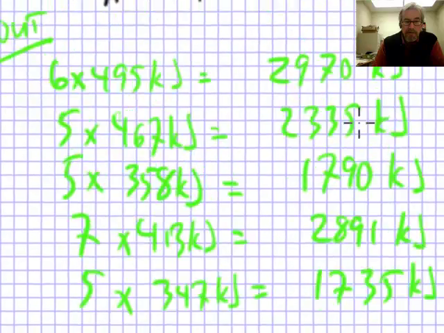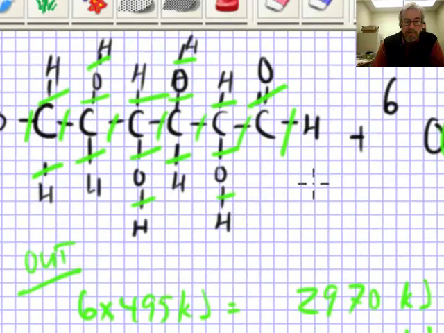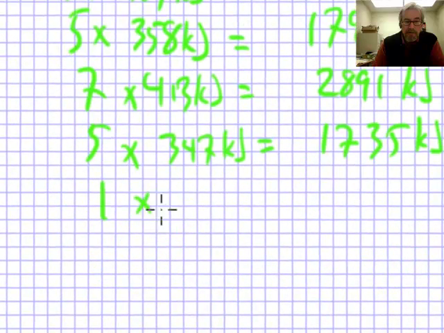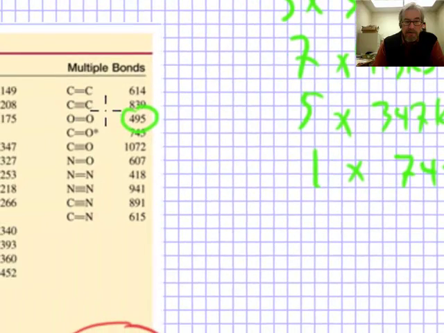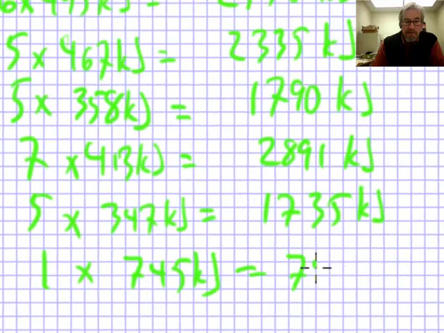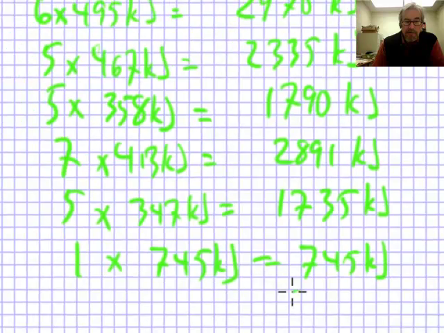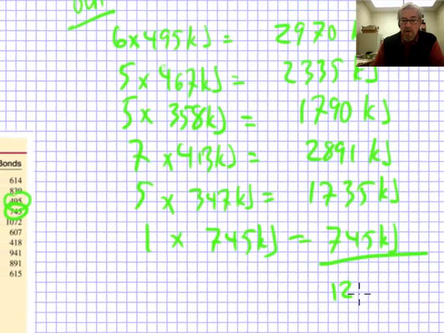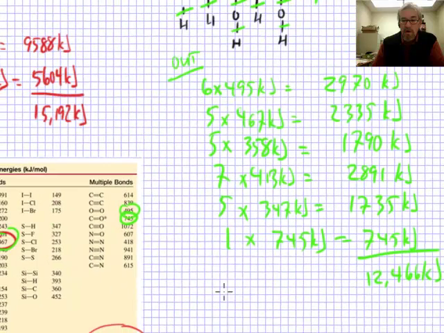And then the one last bond we're going to form is a C=O double bond. So 1 times 745 kilojoules, because that's what a C=O double bond is if it's not in carbon dioxide. Add this all up, you get 12,466 kilojoules released.